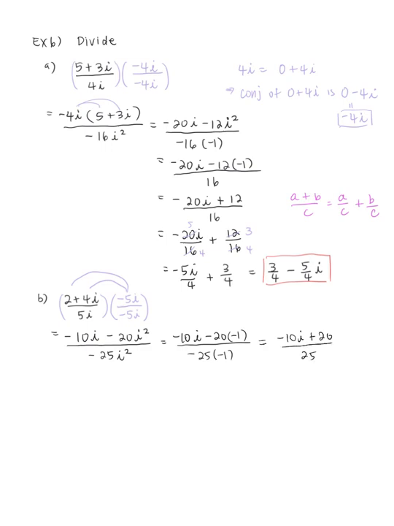Okay, next step, what do we do? Split them up. So next one is going to be negative 10i over 25 and then plus 20 over 25. Okay, we can do this. So let's reduce the fraction. What goes in? 5 goes into 10 twice, into 25 5 times.